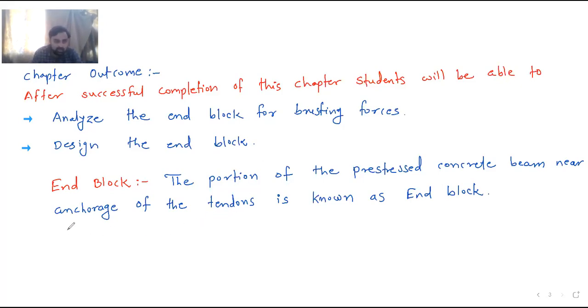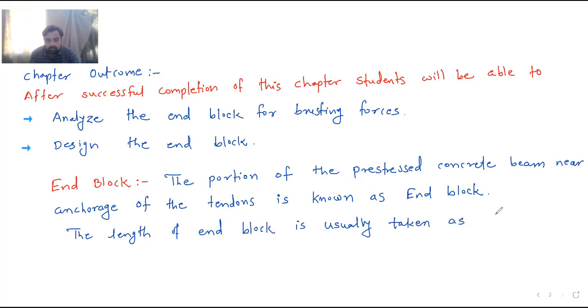So the next line is the length of end block. The length of end block is usually taken as the depth of the beam.